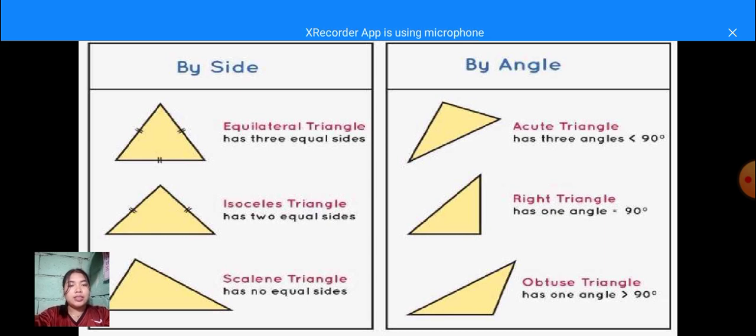An isosceles triangle has two equal sides. A scalene triangle has no equal sides. By angle, an acute triangle has three angles less than 90 degrees. A right triangle has one angle equal to 90 degrees. An obtuse triangle has one angle greater than 90 degrees.